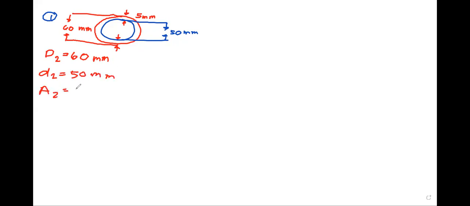To get the area properly, area 2 is equal to pi over 4 times D squared. So, A2 is equal to pi over 4 times (60 squared minus 50 squared).